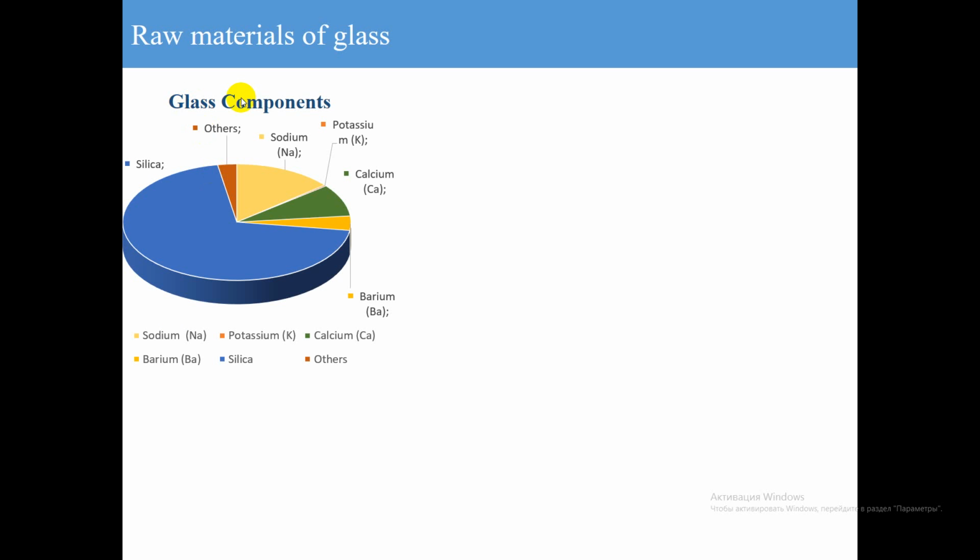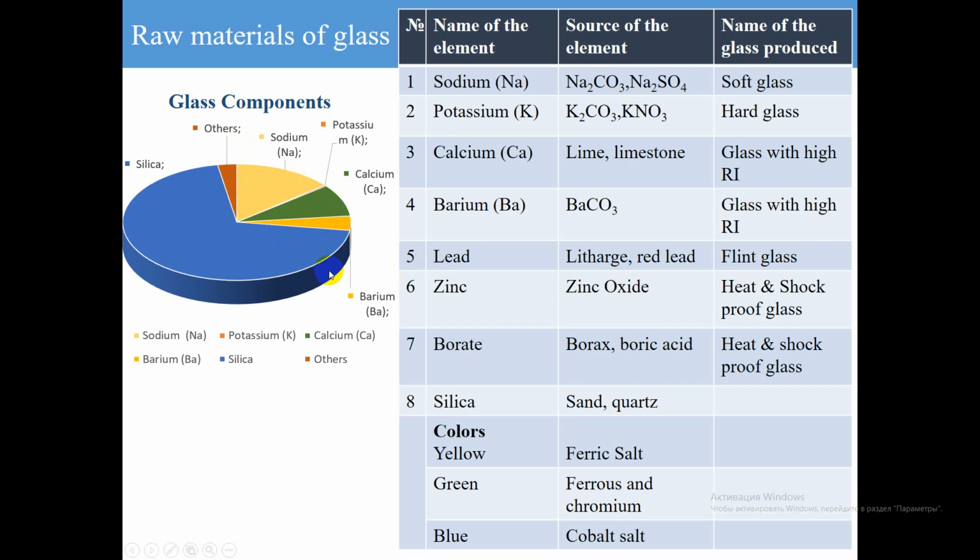So, glass components: sodium, potassium, calcium, barium, and silica, and of course some others. The raw materials are put into a furnace and heated until they have fused to form a glassy mass of material.